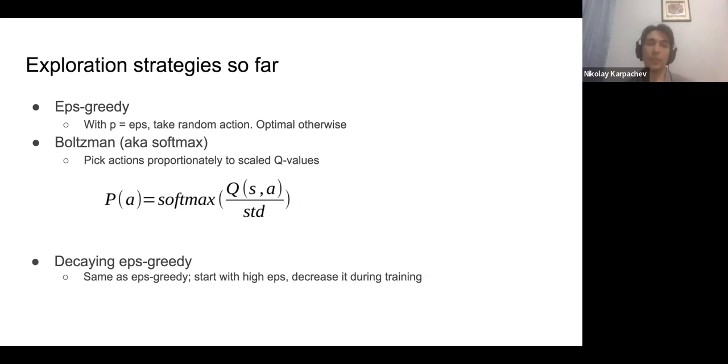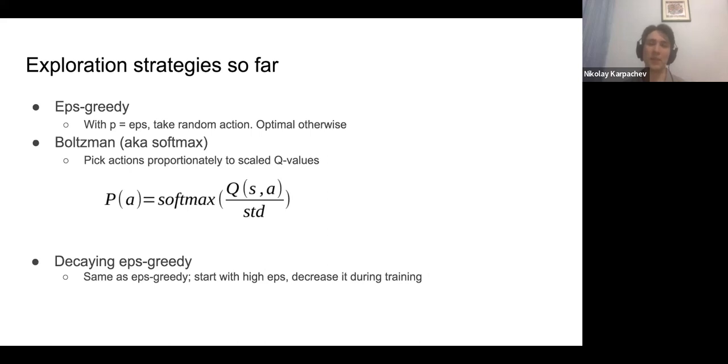And the third strategy that we've seen is called decaying epsilon greedy, and it's basically the same as epsilon greedy. The only difference is that we don't have a constant epsilon, but we start with high epsilon, a high exploration rate, and then we decrease the exploration rate towards zero. The intuition is that at the start, we don't know anything about the environment, so there is effectively no difference between exploration and exploitation.